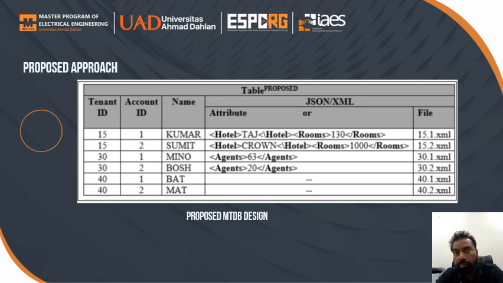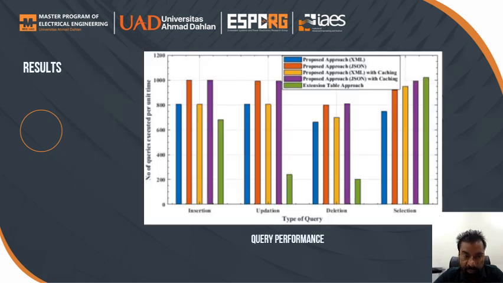Those common key attributes across all tenants can be put in one place, and for the differing attributes, we can use a JSON or XML-based attribute containing multiple varying attributes. The design is very simple and intuitive. Let us look at how the performance of this design turns out.